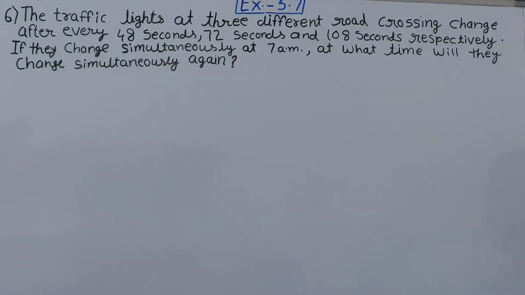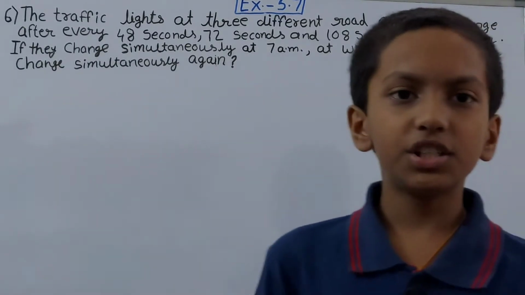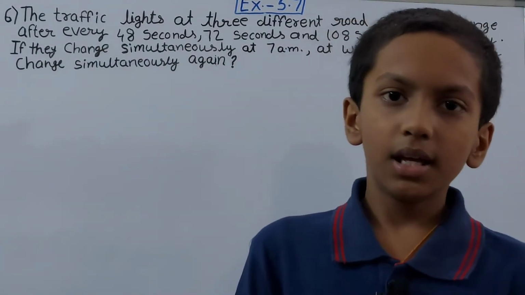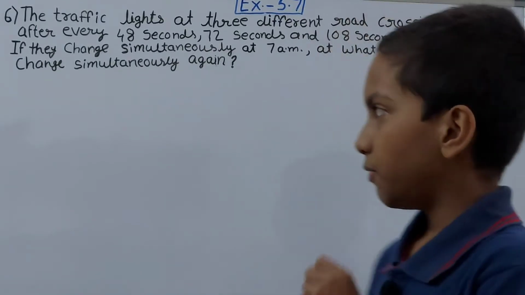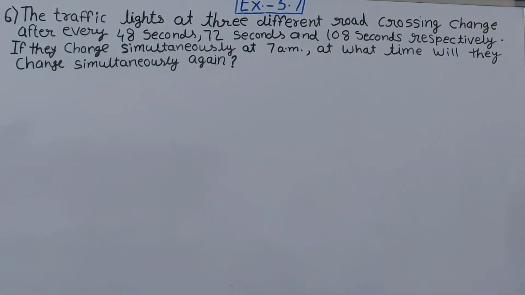Okay, so friends, here we need to find the smallest duration, the smallest time, and smallest is least, and least is least common multiple. That means we need to find the LCM. So friends, let's find the LCM of these 3 numbers.